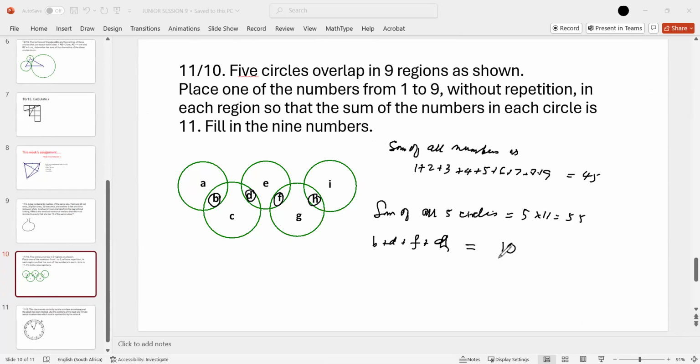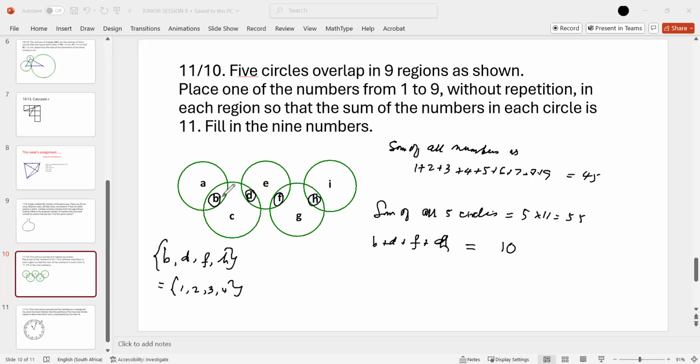So now you say, hey, but wait a minute, you got four numbers which are adding up to 10. There's only one way in which 4 numbers can add up to 10. Those 4 numbers will have to be 1, 2, 3, 4. Right.